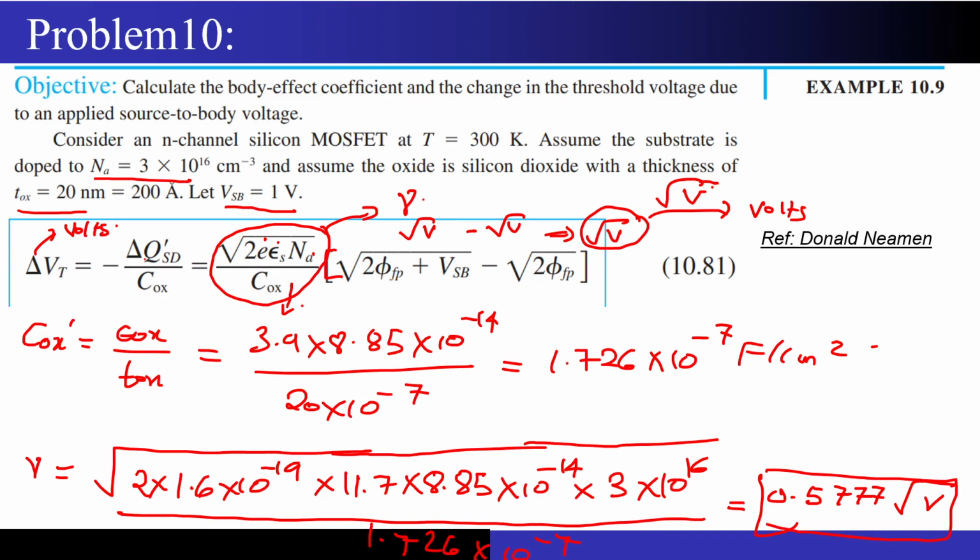Now once I have this, I can easily calculate the value of delta Vt. The only thing that I still don't know is the value of phi fp. The moment I know phi fp, I can easily calculate delta Vt. So now let's calculate phi fp. How to calculate it? It is nothing but kT by q ln of Na by Ni, correct?